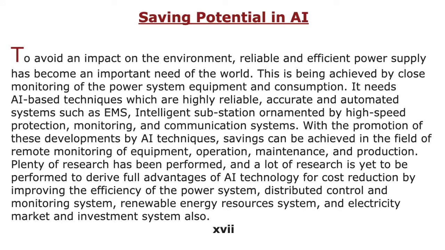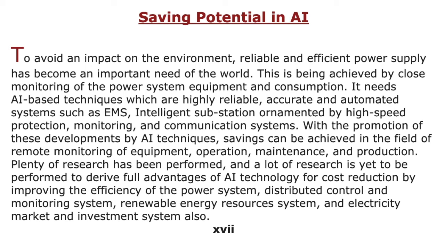Saving potential in AI. To avoid the impact on the environment, reliable and efficient power supply has become an important need of the world. This is being achieved by close monitoring of the power system equipment and consumption. It needs AI-based techniques which are highly reliable, accurate and automated systems such as EMS, intelligent substation, or systems characterized by high speed protection, monitoring and communication.